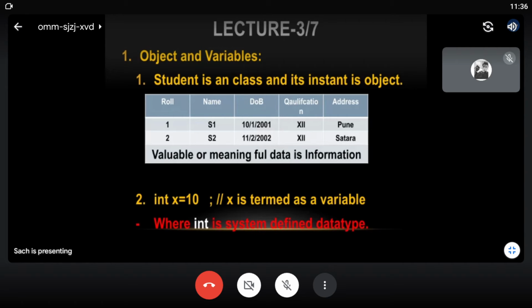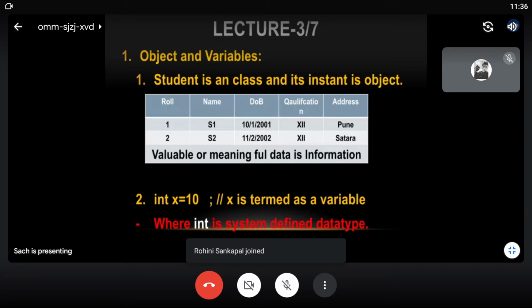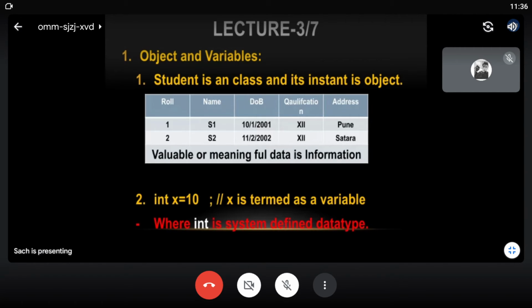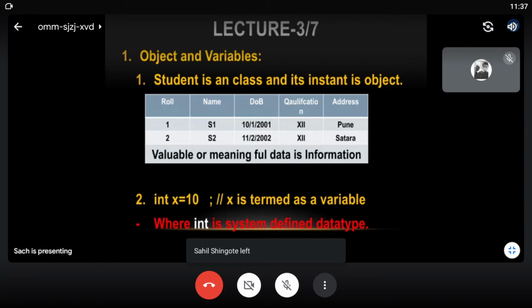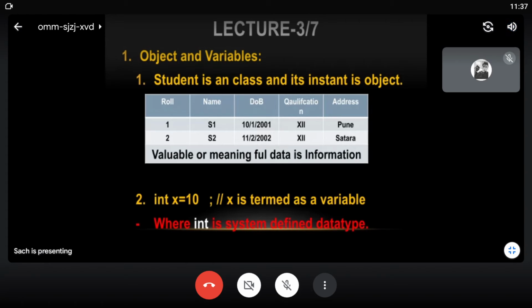Okay, now let us come to the topic. Over here we have object and variables. We have seen the example of data structures in PPS. By using a class, we associate the attributes of the class with the functions and create the instance of the class, that is an object.